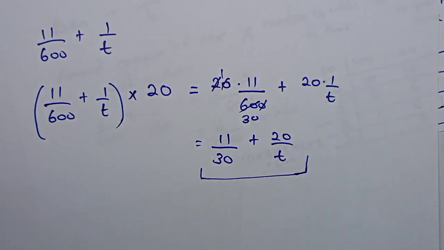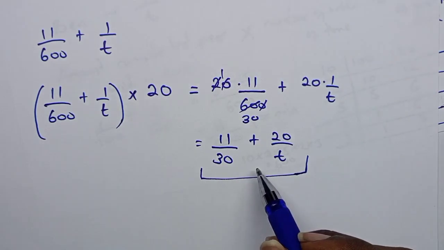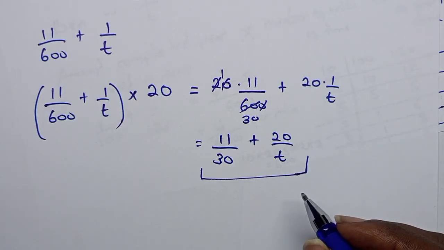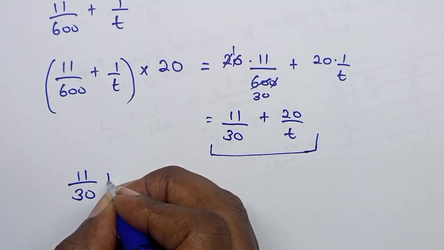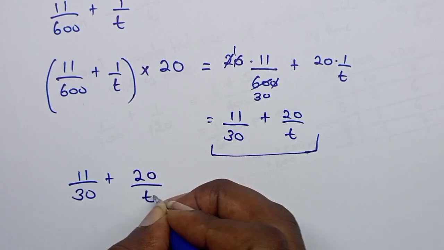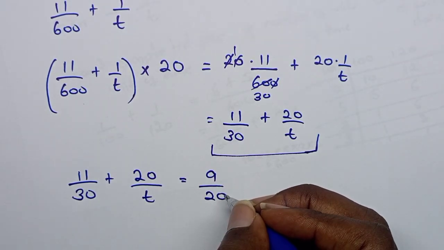That means 9 over 20 and this are equal. So we equate them and solve, since they both represent the rest of the job. So we have 11 over 30 plus 20 over t being equal to 9 over 20.